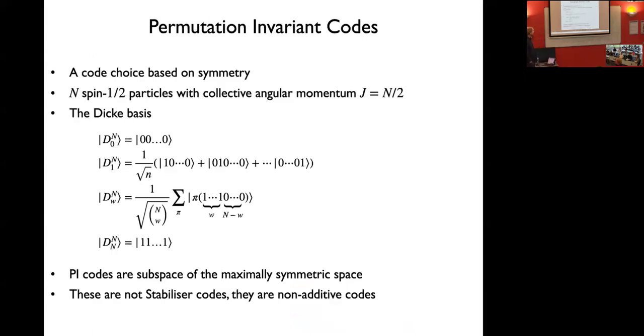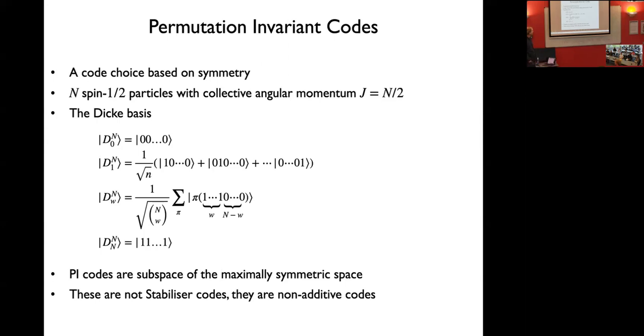So one option is to look at other subspaces of the Hilbert space of n qubits. So we could choose a code based on symmetry, like rotational symmetry. If we consider n spin-half particles with collective angular momentum j equal n over 2, then there is a basis that spans this space that's often referred to as the Dicke basis.